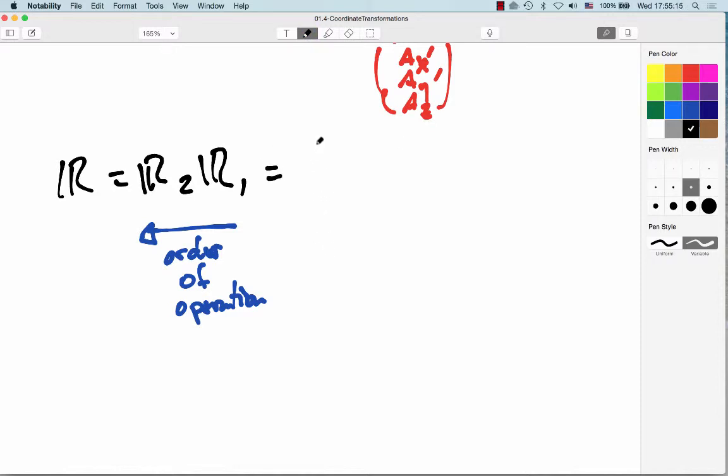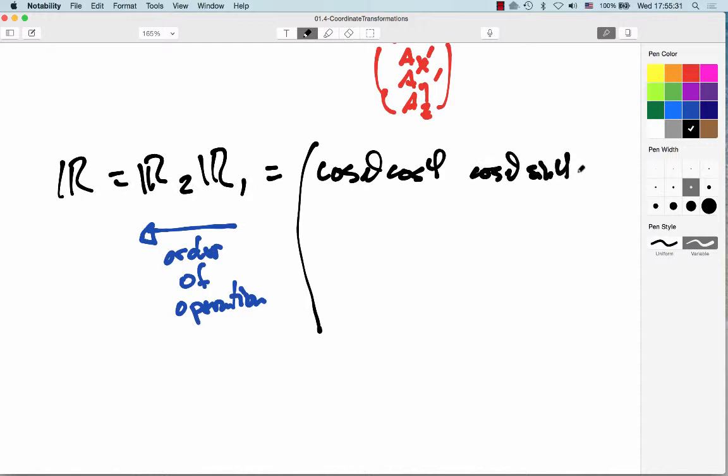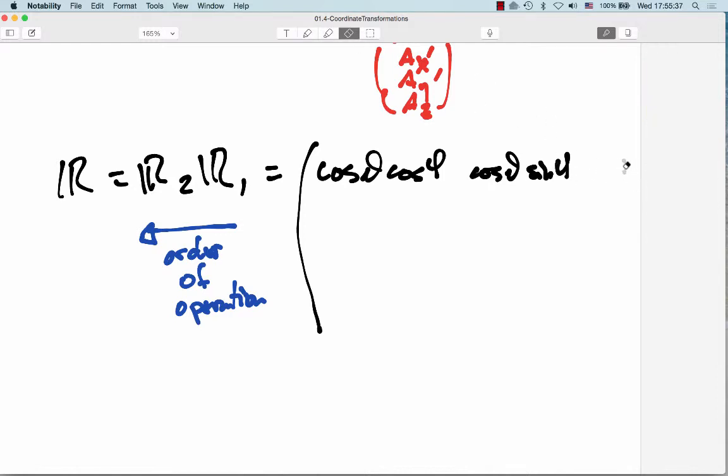that turns out to be equal to, and it's not pretty, but you can just go ahead and multiply the matrices together. Cosine theta cosine phi, cos theta sine phi, minus sine theta. Let's try to make that look a little better. There we go.